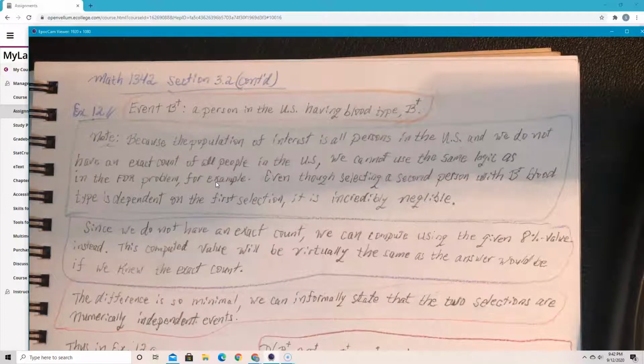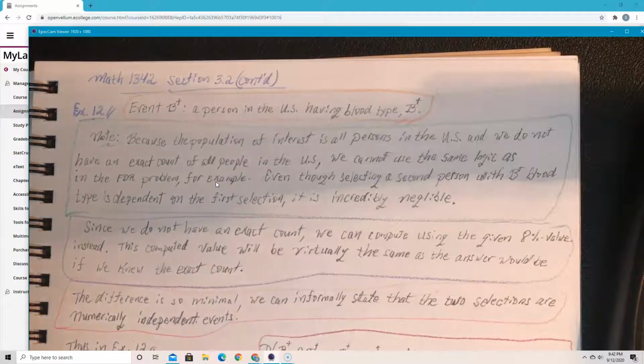Then we could write 367 over 2,069, and the second person would be one less, so 366 over 2,068. But we can't do that in this problem because they didn't tell us, and nor do we know exactly how many people are in the entire country.